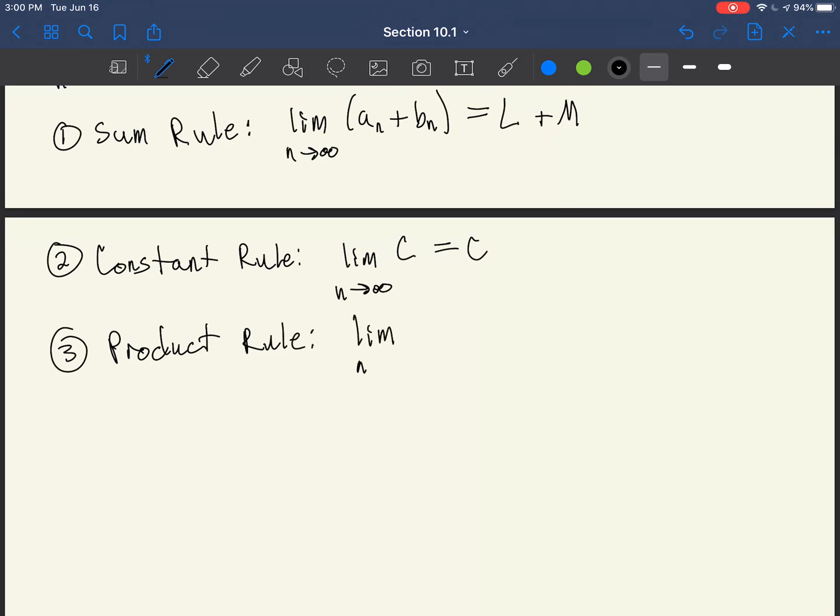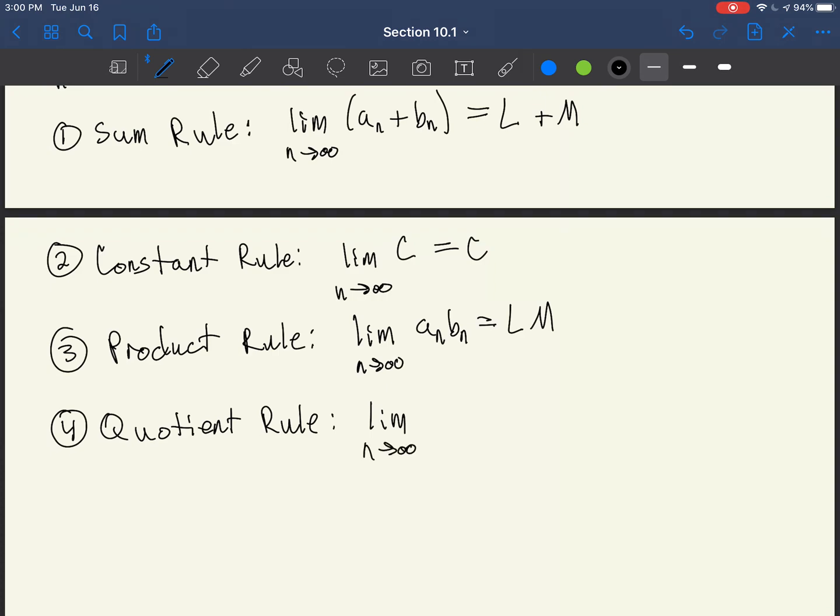That is the limit as n goes to infinity of a_n times b_n is just L times M. We also have the quotient rule, which is similar to the product rule. The limit as n goes to infinity of the ratio a_n divided by b_n is just L divided by M. You can bring the limit inside of the ratio.